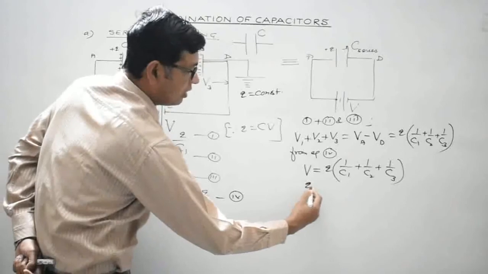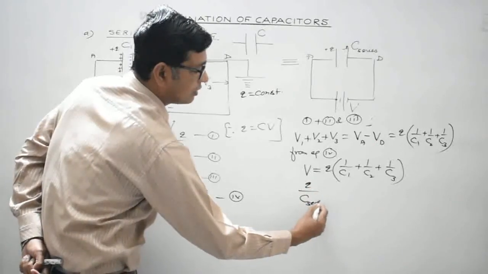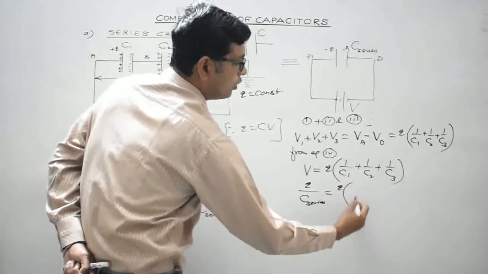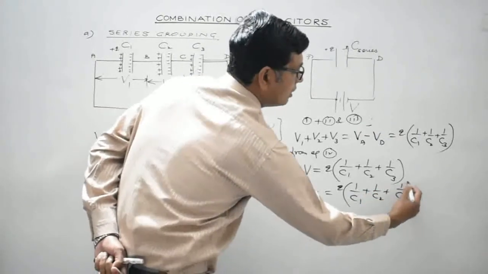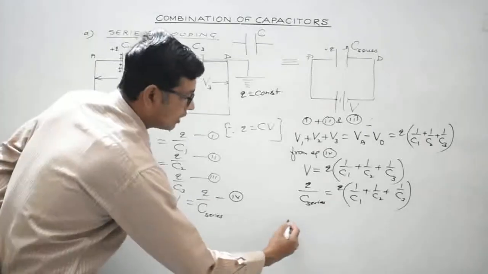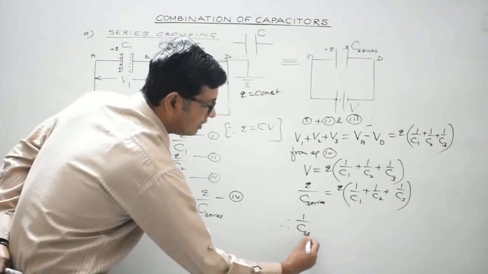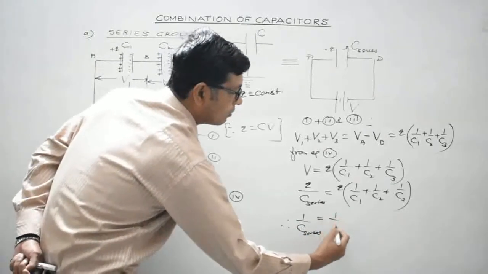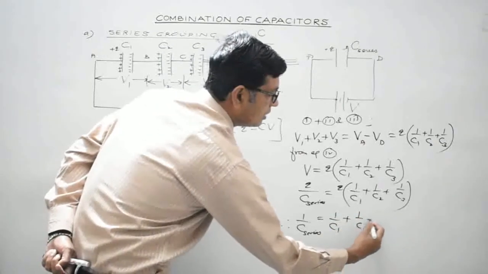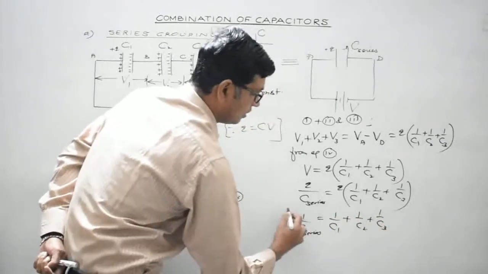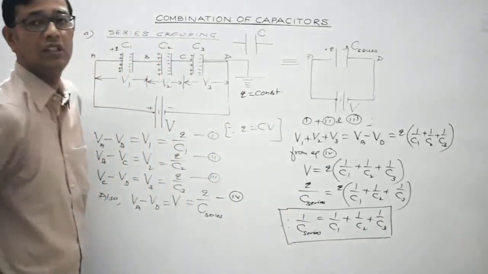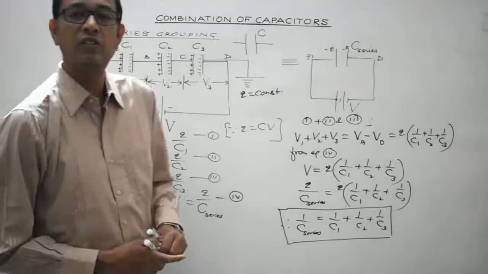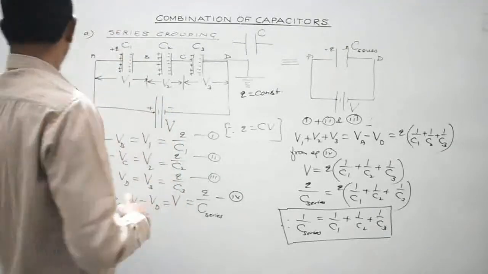So we get Q by C series is equal to Q times 1 by C1 plus 1 by C2 plus 1 by C3. Therefore, we conclude that 1 by C series is equal to 1 by C1 plus 1 by C2 plus 1 by C3. So this is the formula which we will use for the series grouping of capacitors, right?